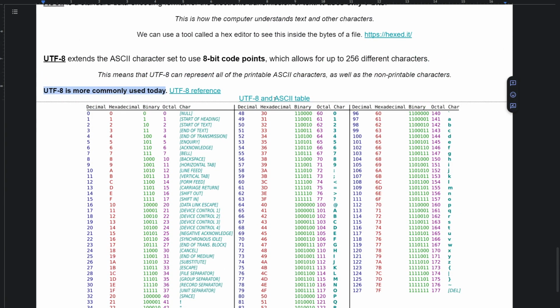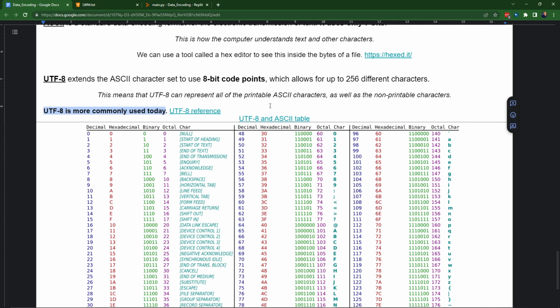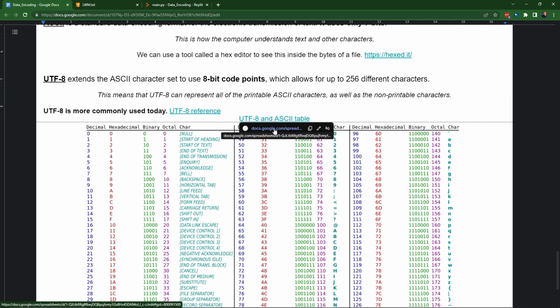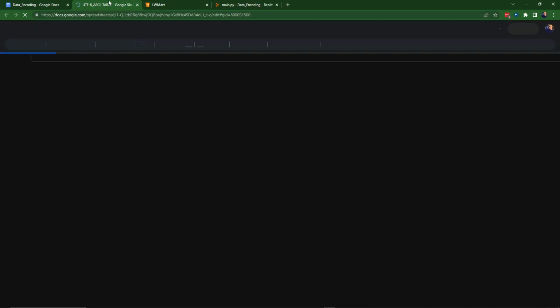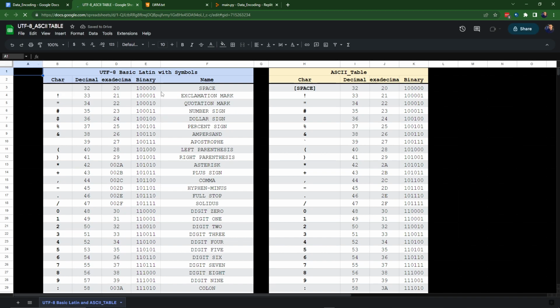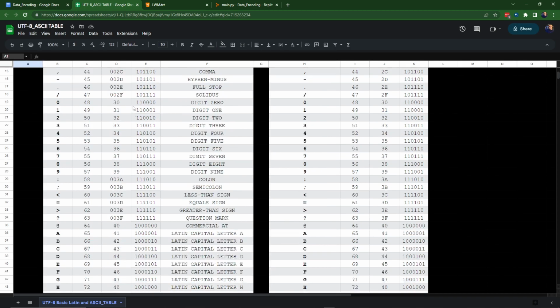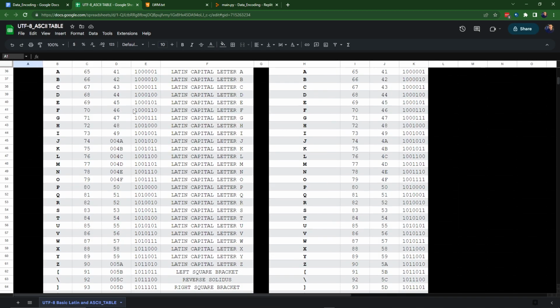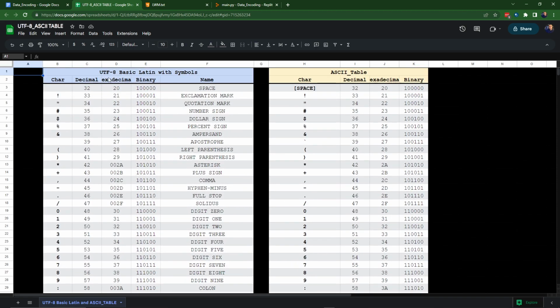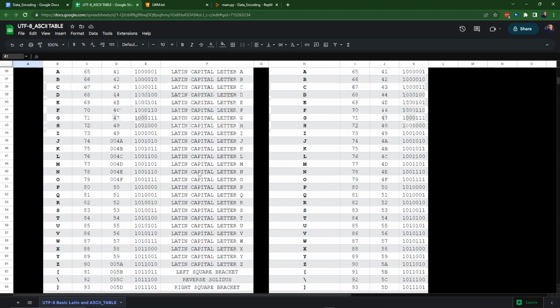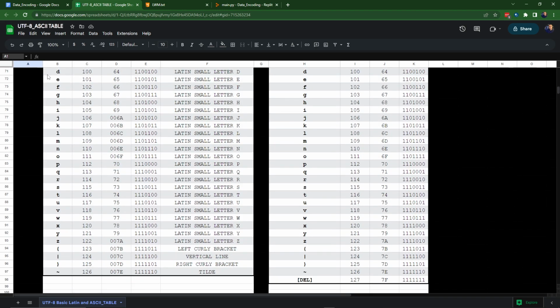And of course, I have a link here to a table that you can look at if you're interested, especially when you're trying to convert between these. If I open this up here, we've got UTF, and I've tried to limit what you're looking at and make it a little simpler for you. Decimal, hexadecimal, binary, and it explains what they are here, and of course their characters.